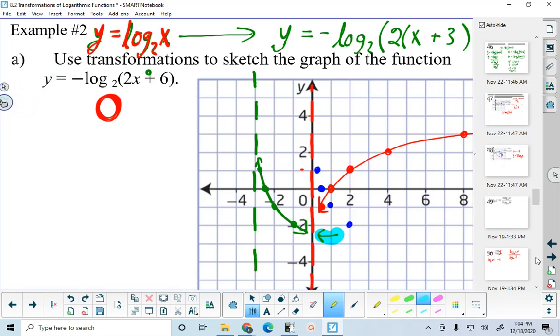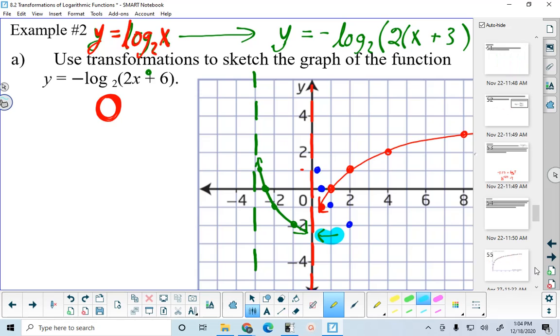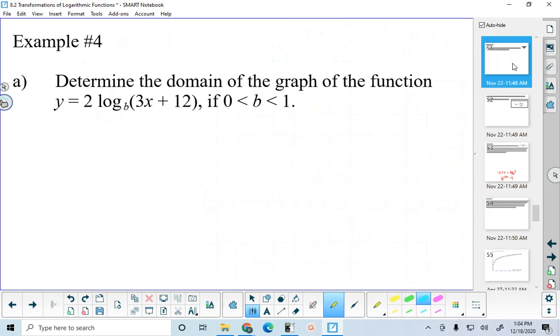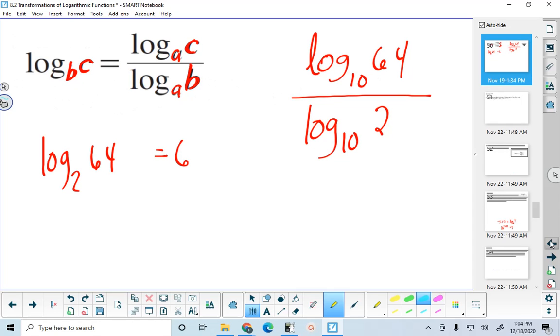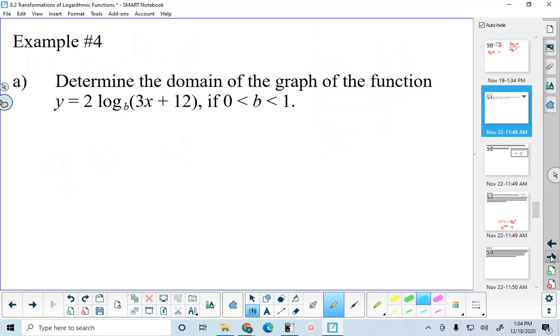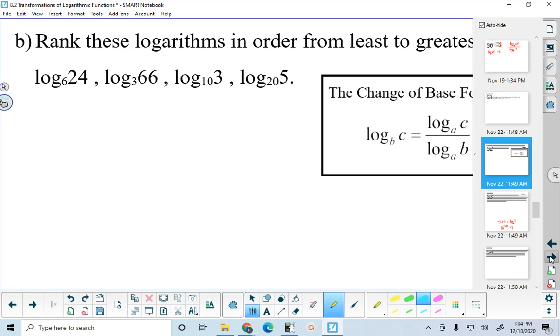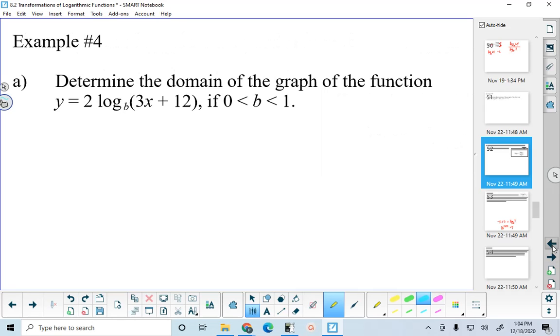So that's the change of base formula. So let's take a look at 4a. I guess we're not going to need the change of base formula for 4a.